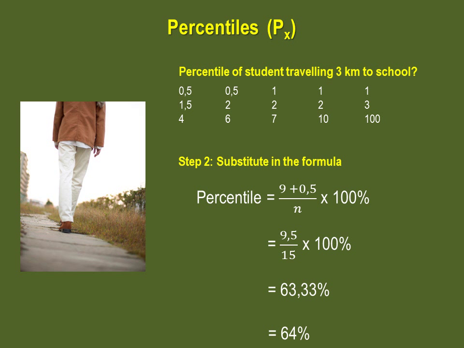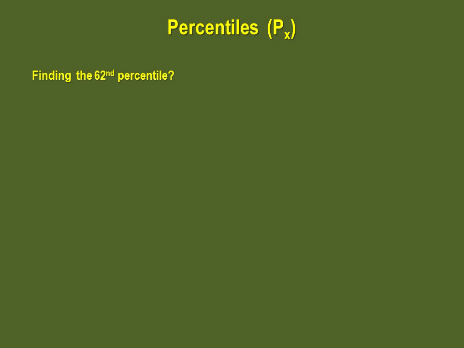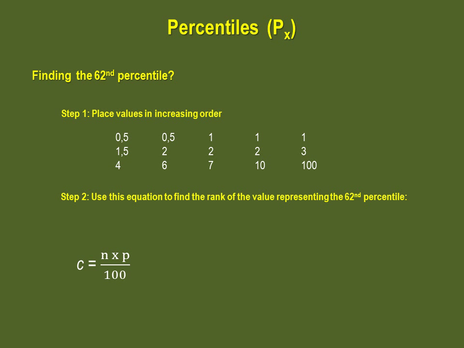But what if we want to find the value that corresponds to a certain percentile? With our same example, let's say we wish to find the 62nd percentile. First, we must arrange the data in order. Then, we use this equation, where C is the rank of the value, N is the total number of values as usual, and P is the percentile.